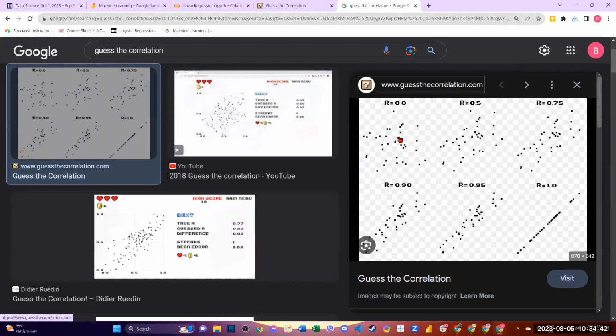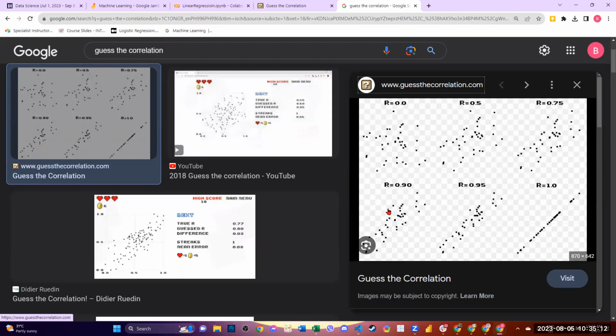If you can see, the first one, all of the points are scattered. So the R score is 0.0. The points on the second one is semi-scattered, so it's 0.5. So in the next example, 0.75, the dots are kind of like merging already.